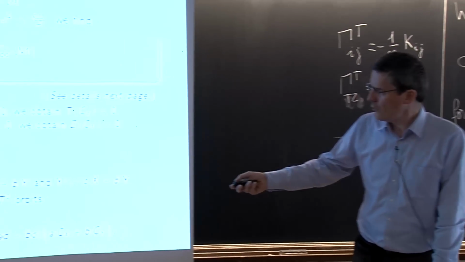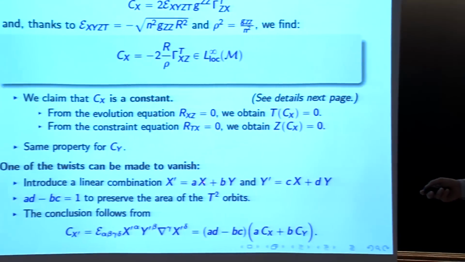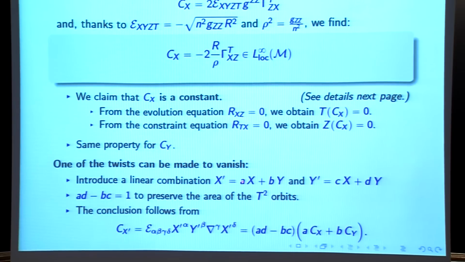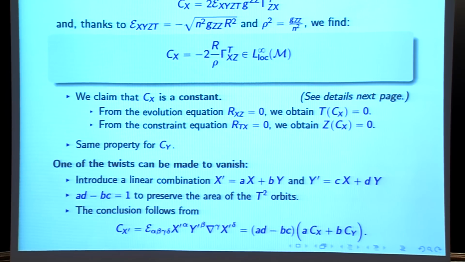So you can introduce a linear combination of the two killing fields. So you have 2 killing fields x and y. You multiply, you do this, right? x prime is Ax plus By, and y prime is defined to be Cx plus Dy. You want to preserve the area of the orbits of symmetry, so you impose this condition here. And you compute how these Cx, Cy are changing according to this transformation. And they change in this rather simple way.